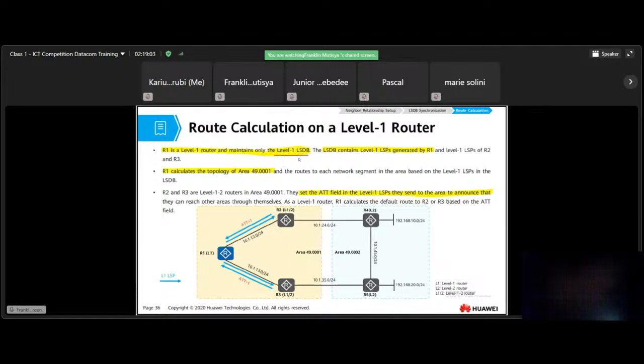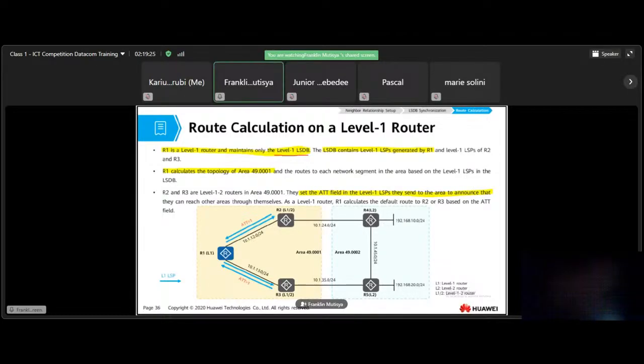Okay, so level 1 maintains a level 1 LSDB. And I've said LSDBs are the basis for SPF calculations. So once we perform SPF calculations, that's when we generate routing tables. So remember that logic and that process.